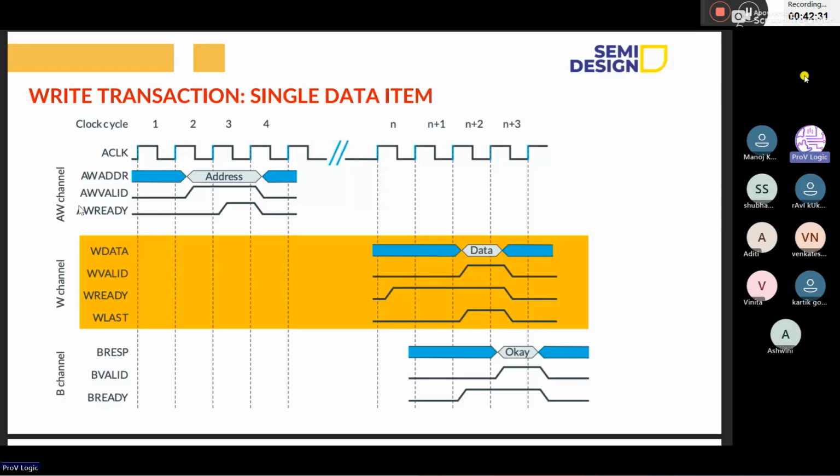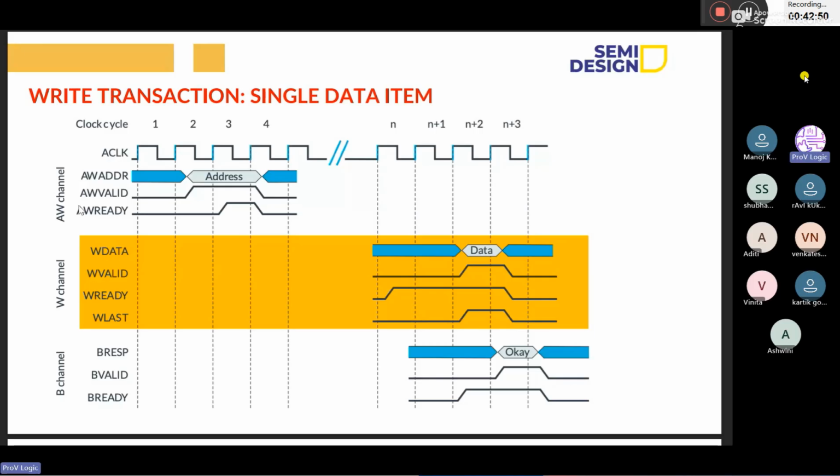When both are high, we go to the write data channel, so now the data is coming. Here also, whenever valid is high and ready is high, the data is going to transfer.